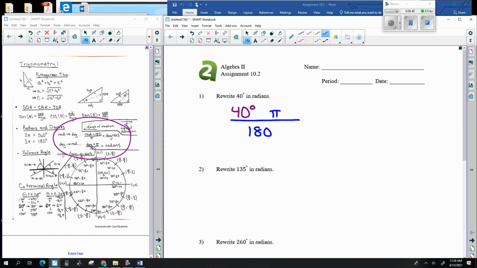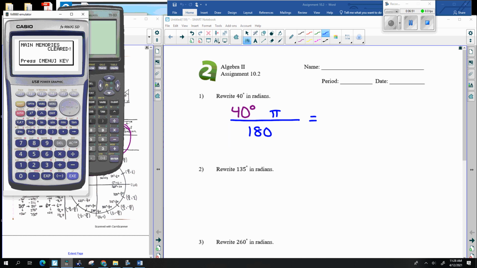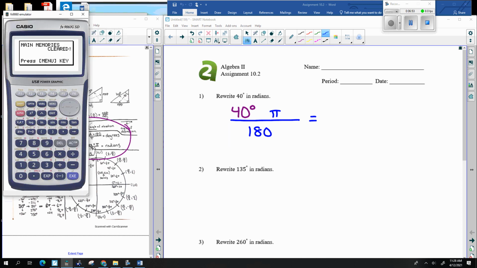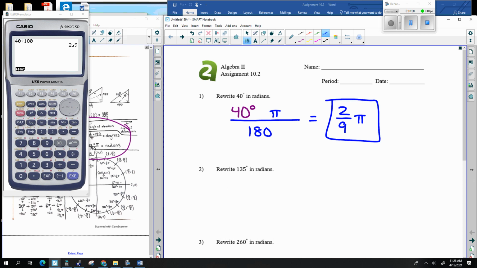So 40 divided by 180, wrong calculator here, is going to be 2 ninths. That's radians. There you go. So I divide by 180.